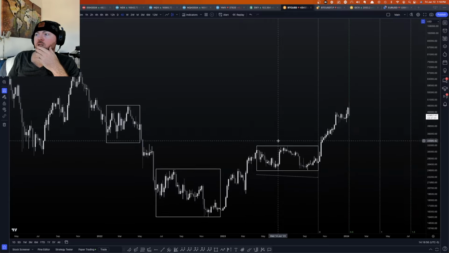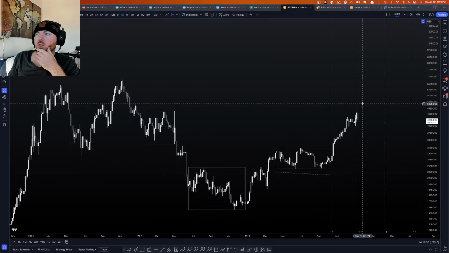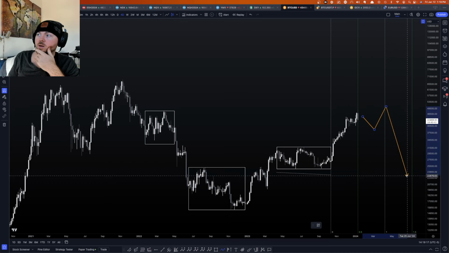Timing wise, it could definitely be a pivot, or it turns into a longer type thing, and we get one more high later, and that would be a bearish plan.